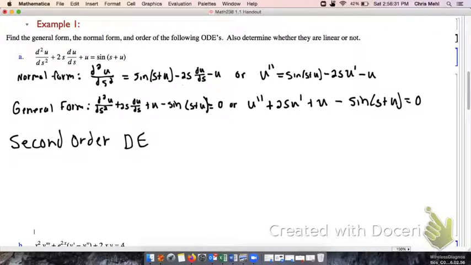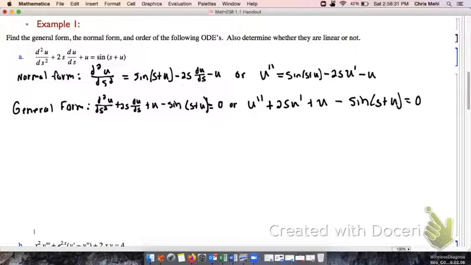Okay, and I also have to determine whether or not it's linear. So you have to go back to the previous slide. One thing I want to do is rephrase this: I want to say whether it's a linear second order DE or a non-linear second order DE.